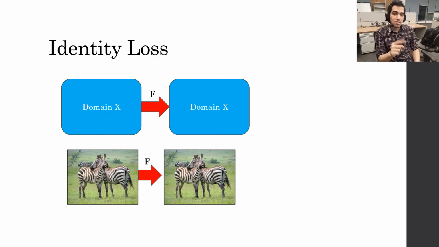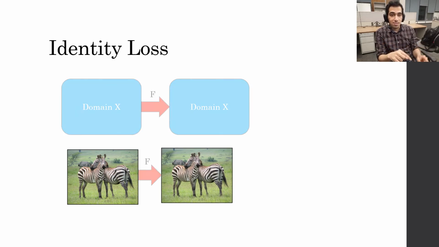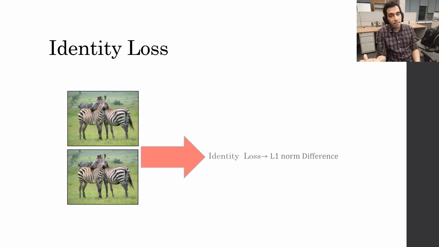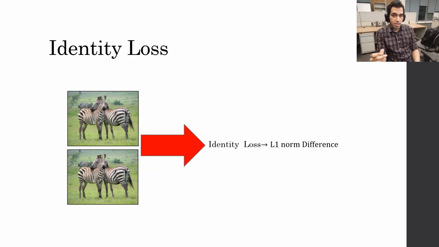This loss prevents a phenomenon called mode collapse from happening. And this should happen both ways: we have an image in domain X and we apply network F to it, and we still should have an image in domain X, and also the reverse, where we have an image in domain Y and we apply network G to it, and we should still have the same distribution Y in the very end.